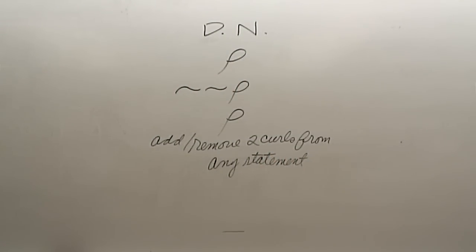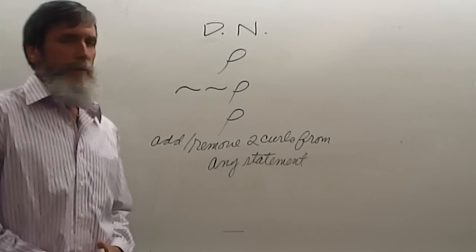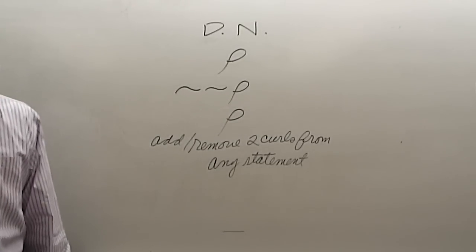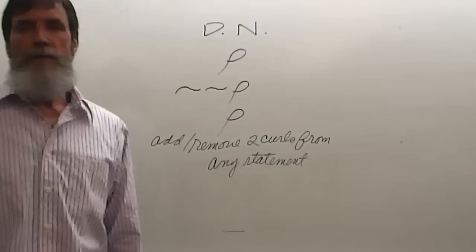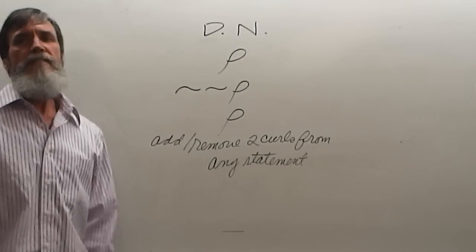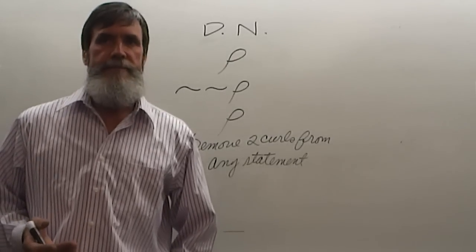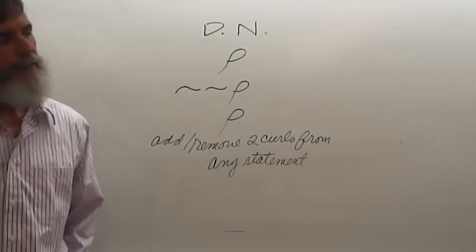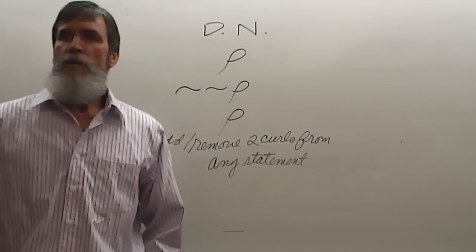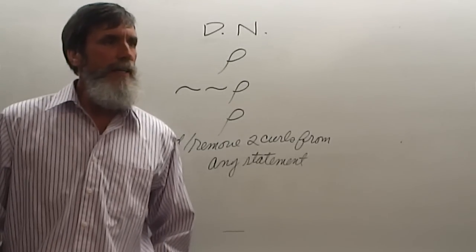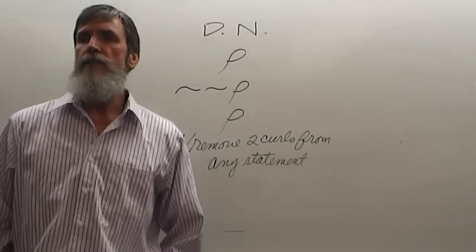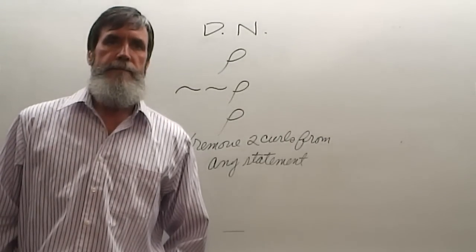I like two regulars with a positive. Well, why would we do that? If a premise in an argument whose validity we're proving has two curls, most likely we're going to be removing them. Most likely. Not always, but most likely. We'd be adding them when we need that type of double negation for modus tollens or disjunctive syllogism.